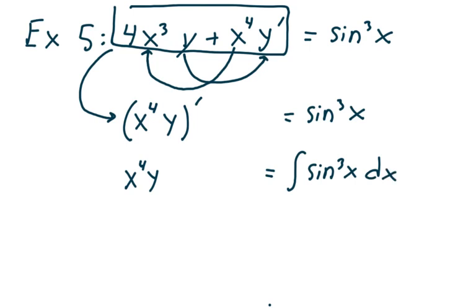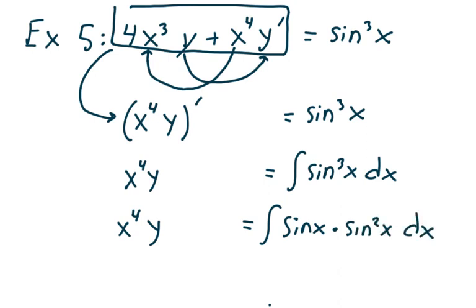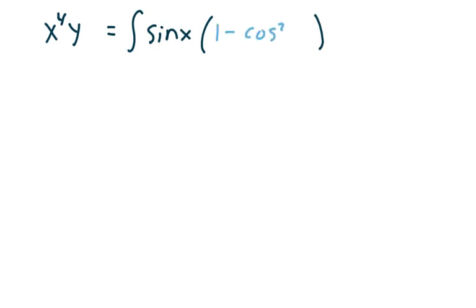Now, the way you integrate a sine cubed is I'm going to rewrite it this way. I'm going to take x to the 4th times y, and this is the integral of sine of x times sine squared x dx. So x to the 4th times y is the integral of sine of x times, remember that sine squared x is 1 minus cosine squared x.